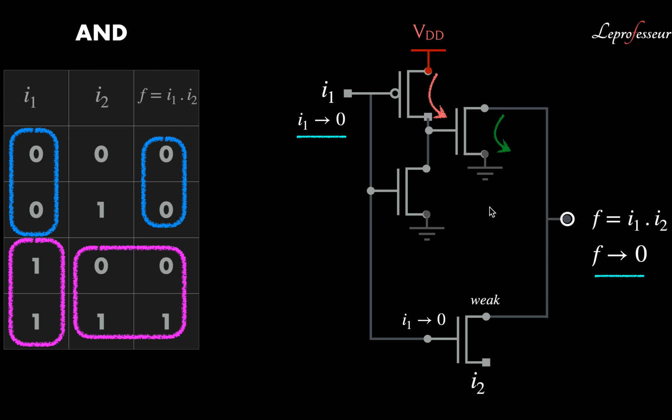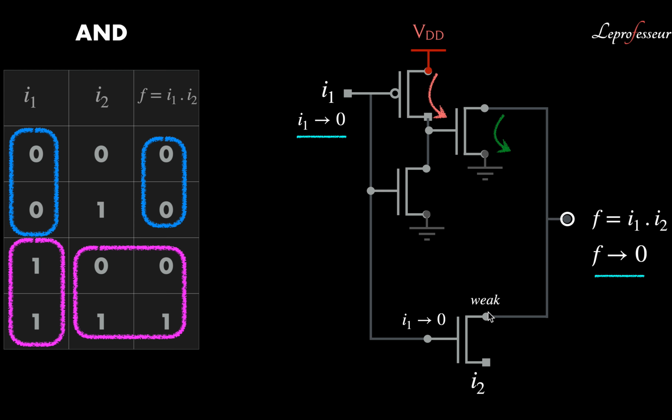Good. Now let's look at the other branch. I1 is 0, and here we have another NMOS, and this NMOS will be switched off. The gate is at 0.